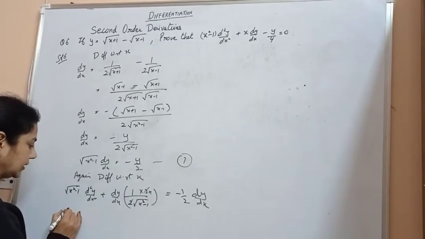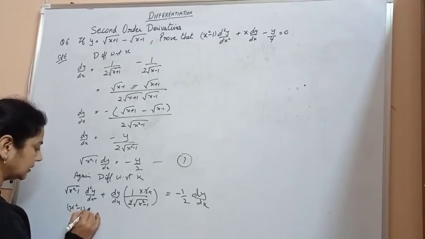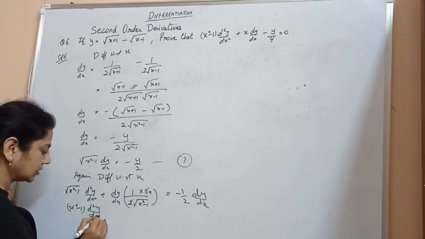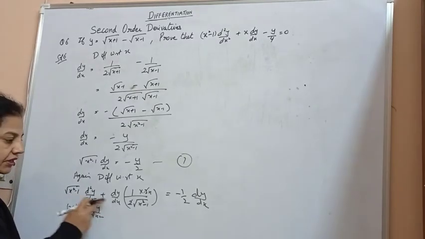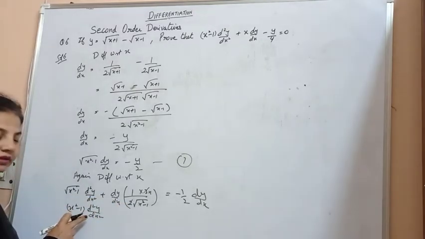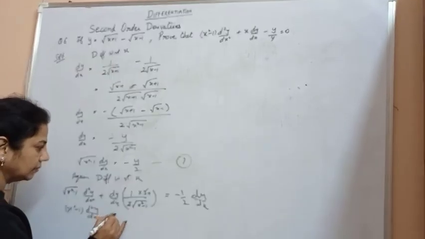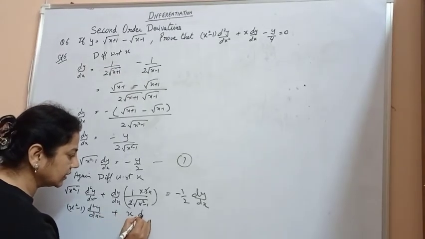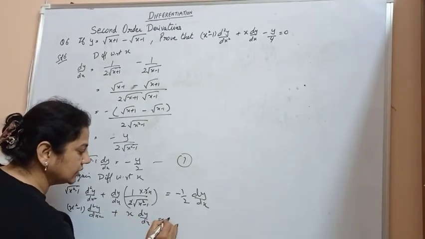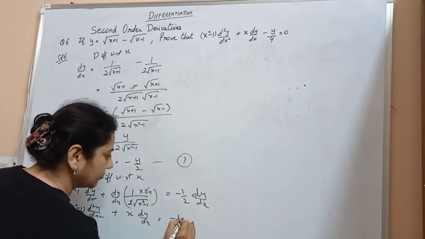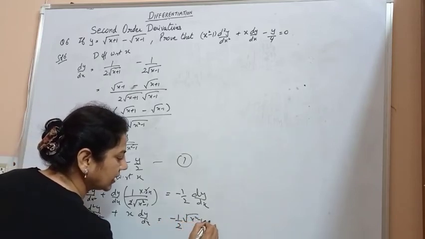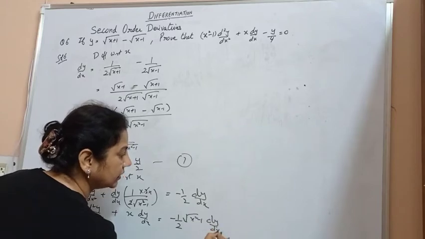So I will write it here as x square minus 1 d square y by dx square. When this under root x square minus 1 multiplied by this, it will give me the x square minus 1 only, plus x times dy by dx is equal to minus half under root x square minus 1 dy by dx.